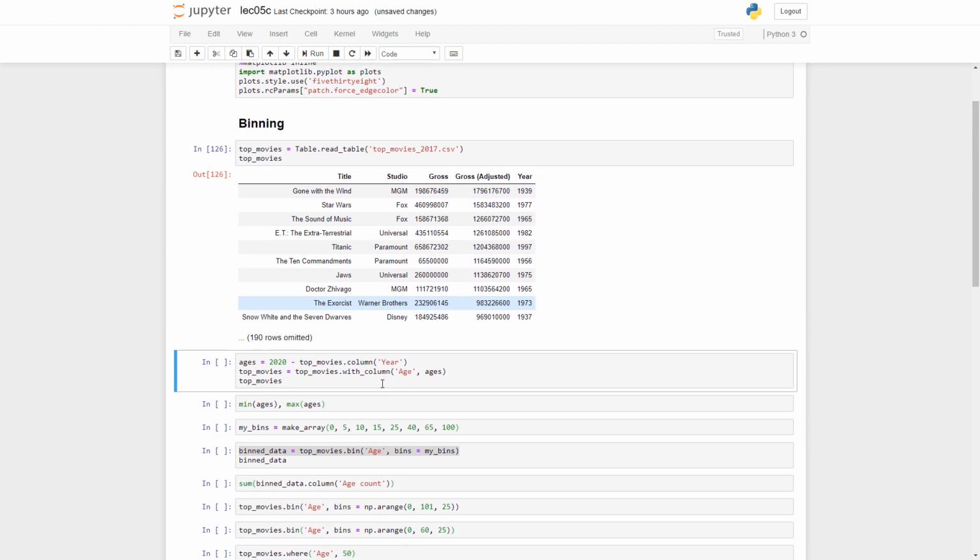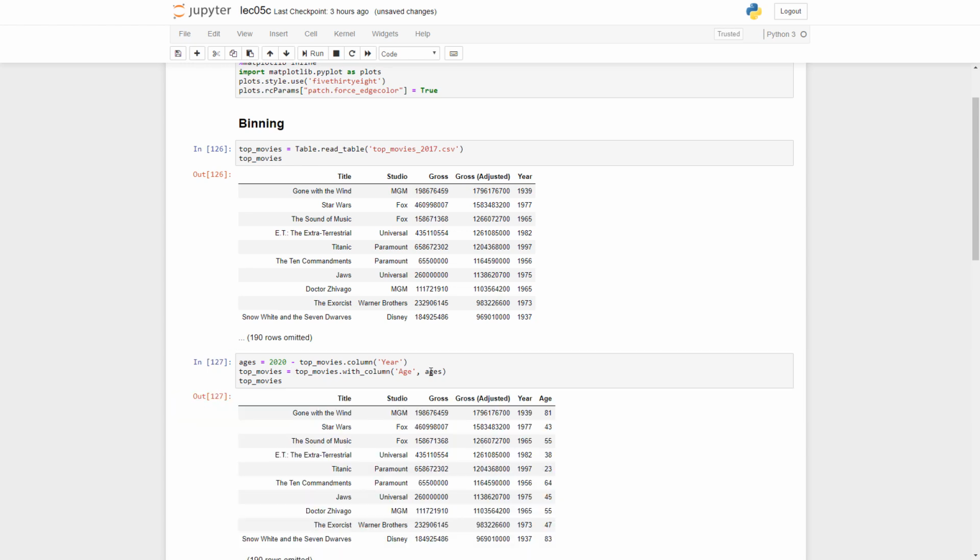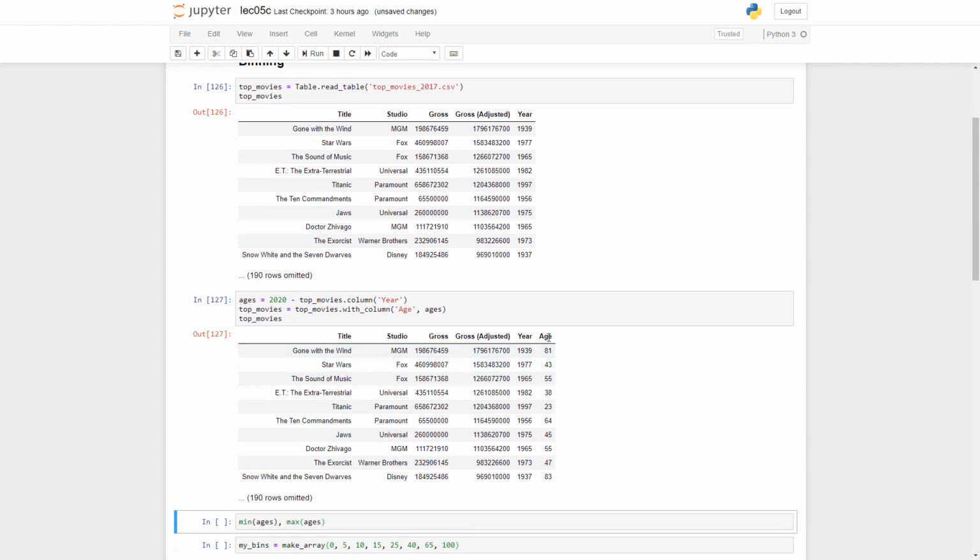We'll just add one new variable here, which is the age, okay, which is how old the movie is. So to do that, we will subtract it from 2020 and add that as a column. So the top movies now will have a new column, which is the age. And we will only focus on the age in this exercise, actually in the whole lecture probably.